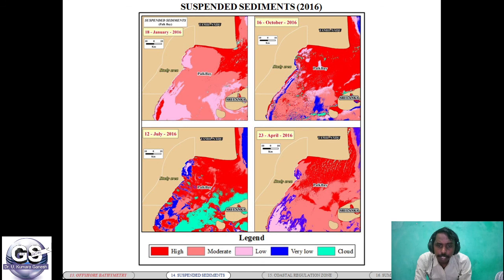A moderate percentage of suspended sediment concentration was noticed in January, and a very low percentage of suspended sediment concentration was noticed in July and October season data.